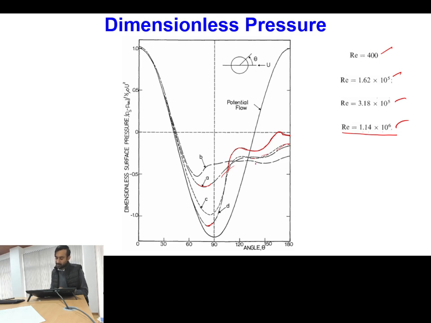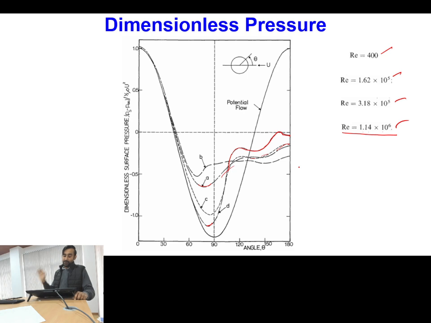Then when your Reynolds number increased, pressure recovery started decreasing, and again when Reynolds number is high, pressure recovery is increasing. This is because the separation point first shifted towards the front, and after a Reynolds number of 2.5 or close to 3 into 10 to power 6, it again started shifting towards the rear. Okay, so that's why we have more pressure recovery evident in this particular case.